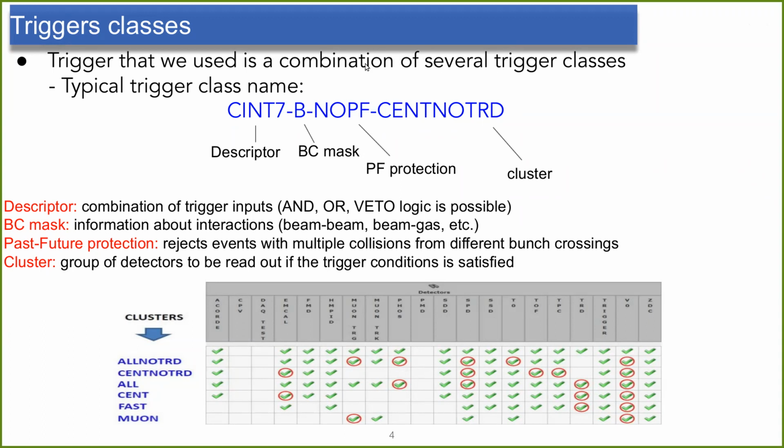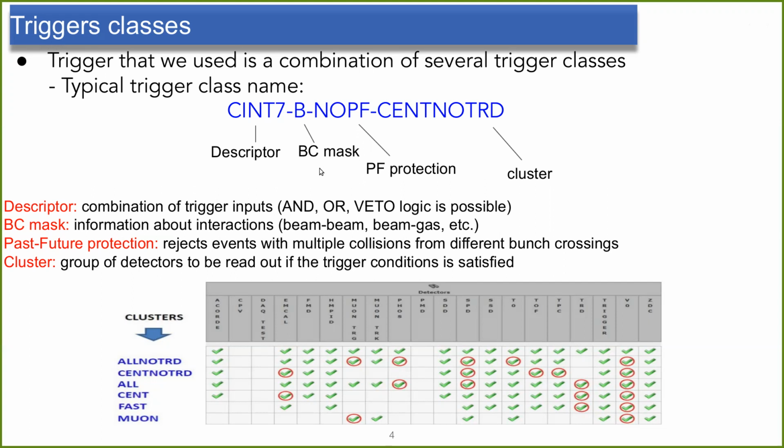So what does this mean? The first part, CINT7, is the descriptor. It tells us about the logic that we have used for the trigger, for example AND logic or OR logic. So here we have the information that we used V0A and V0C, or V0A or V0C, etc. Then B stands for the BC mask.